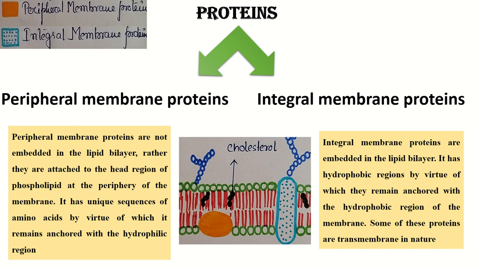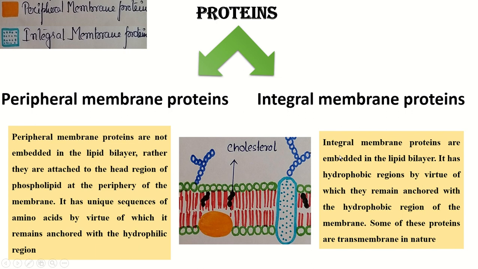Rather, they are attached to the head region of the phospholipid at the periphery of the membrane. It has certain unique sequences of amino acids which help them to remain anchored with the hydrophilic part of the plasma membrane.